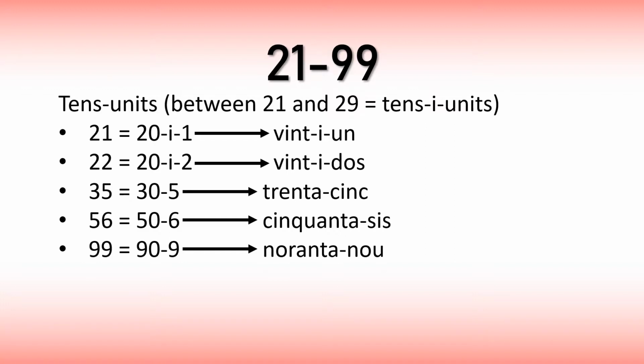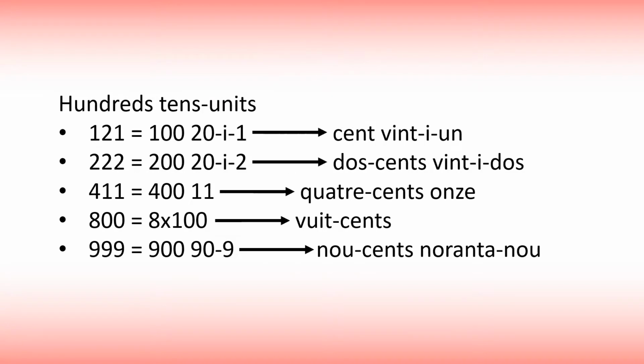So if we want to make bigger numbers, like the ones that go from 101 to 999, we follow the same rule, but we also have to mention the hundreds at the beginning and how many hundreds. The rule for the numbers between 21 and 29 still applies, so we still have to add the I. So in this case we have 121. First we have the hundreds, which is just 100, and then 20, and then 1.